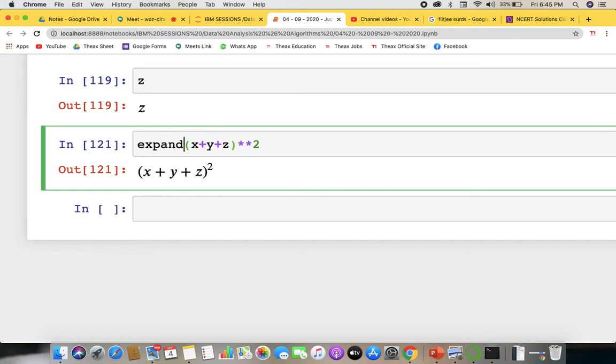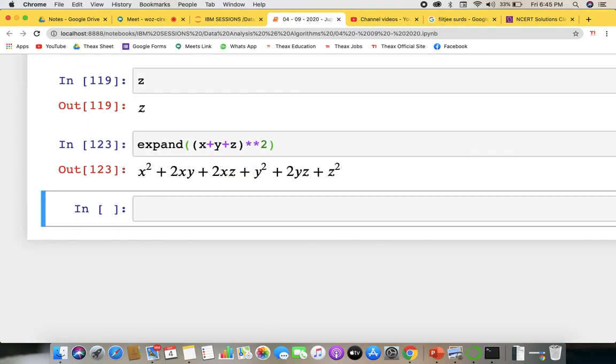Write and expand that equation, x plus y plus z whole square: x square plus 2xy plus 2xz plus y square plus 2yz plus z square. That's it. For any algebraic equation or trigonometric equation, calculus equation, anything, if you don't know, it's very easy. Write expand and it will do it for you.